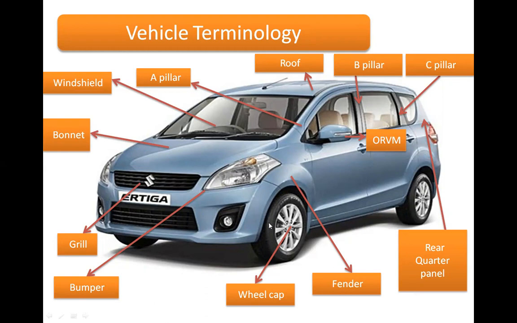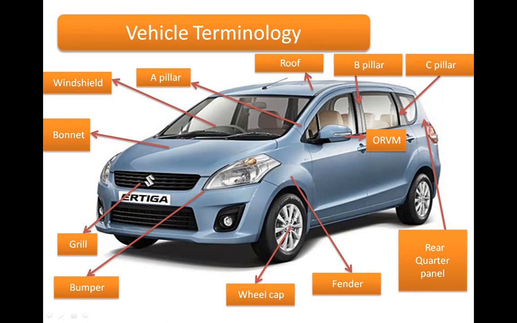Here, to give the shape of the wheel, the fender is provided. The purpose of the fender is that when the vehicle is running at high speed, dust particles will spread. So to avoid the spraying of dust particles, the fender design is very important.